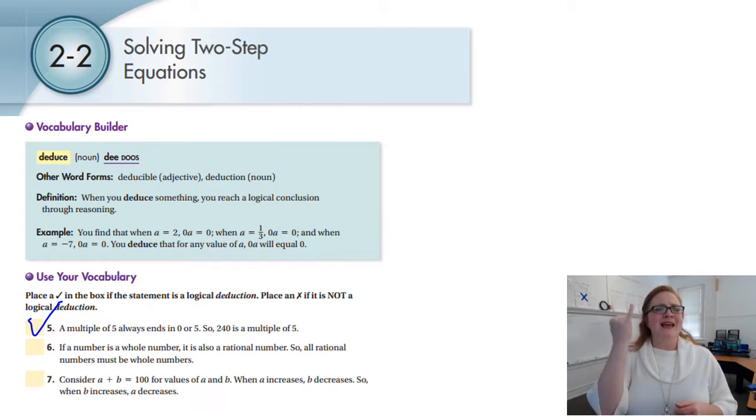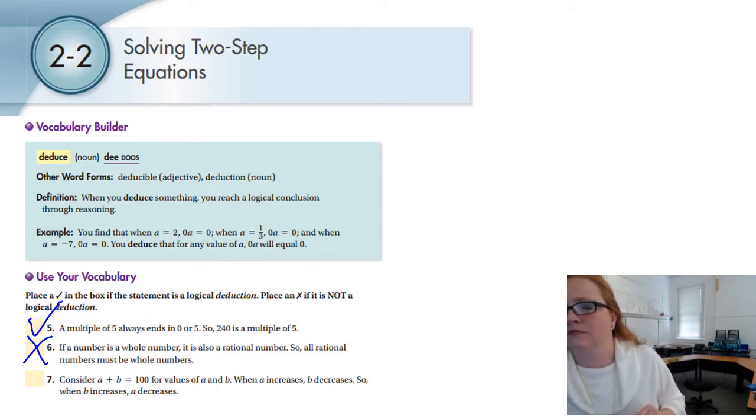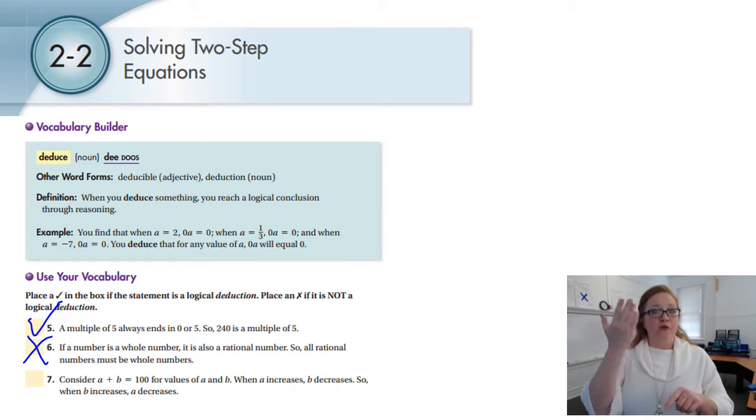Number 6, if a number is a whole number, it is also a rational number. So all rational numbers must be whole numbers. You know from previous lessons that not all rational numbers are whole numbers.